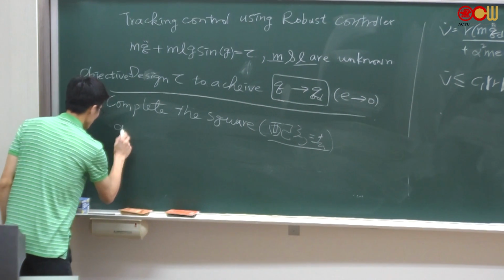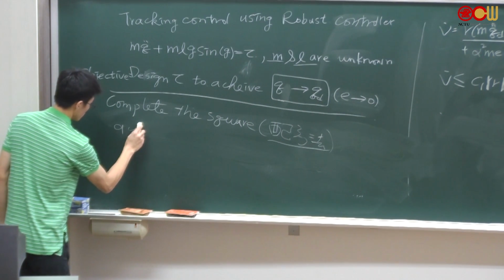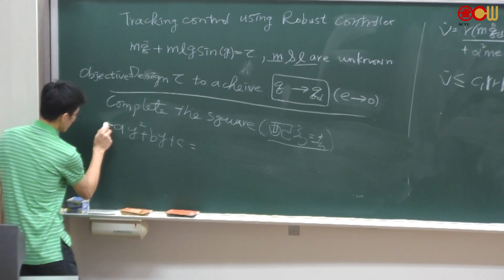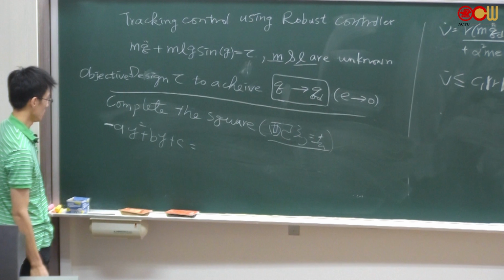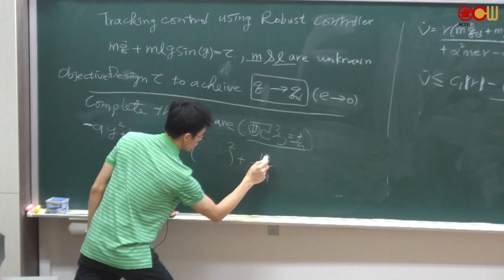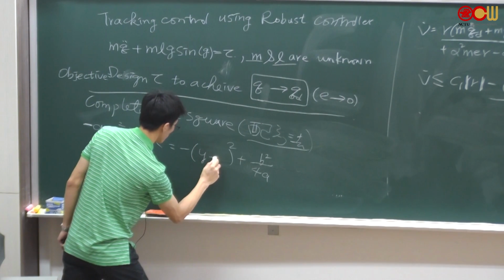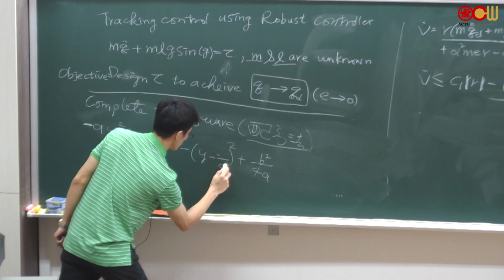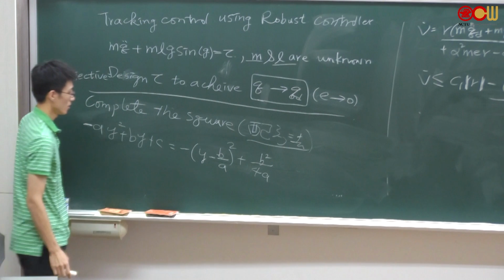Okay, so basically it's this. A is y squared by. In our case, there's a minus here. We want to use completing the square to put it into some minus square term plus some plus terms, which is b squared over 4a. Here is y minus b over 2a.